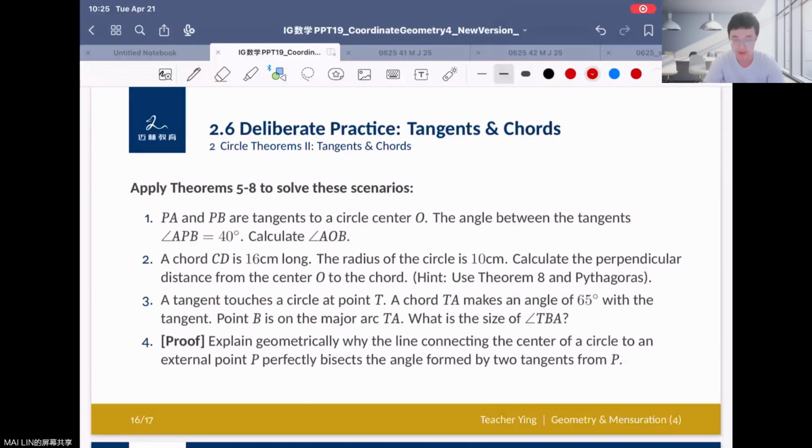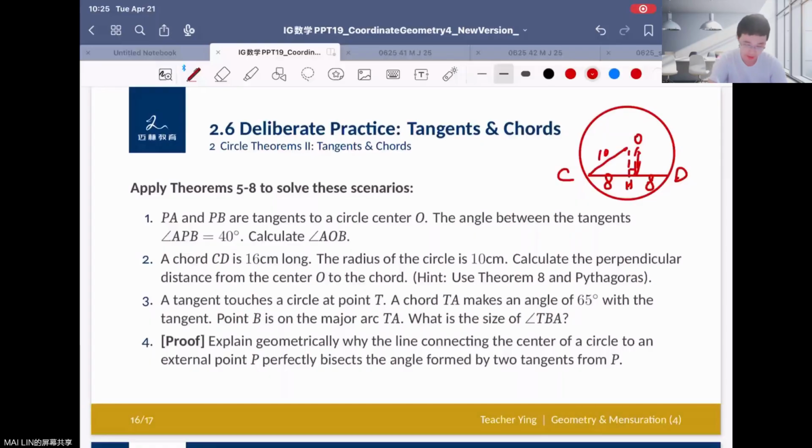H divides CD into two equal parts, so each part is 8. CH equals HD equals 8. And you can calculate the distance from O to H using Pythagoras' theorem: the square root of 10 squared minus 8 squared equals 6. That is the second problem.